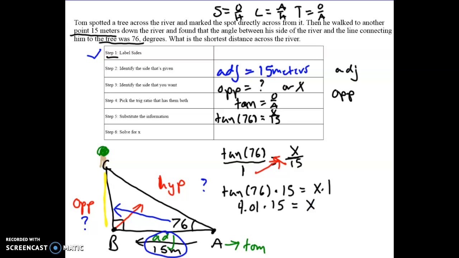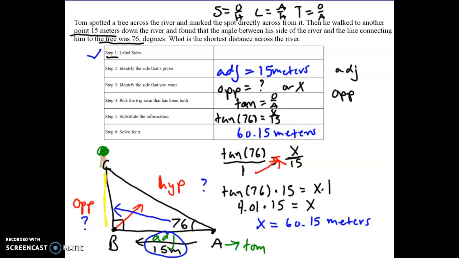So we have x by itself, and now we just need to multiply. We have 4.01 times 15, which gives us, and I need to use my calculator, x is equal to 60.15 meters. And then I go back into the solving for x and put 60.15 meters.